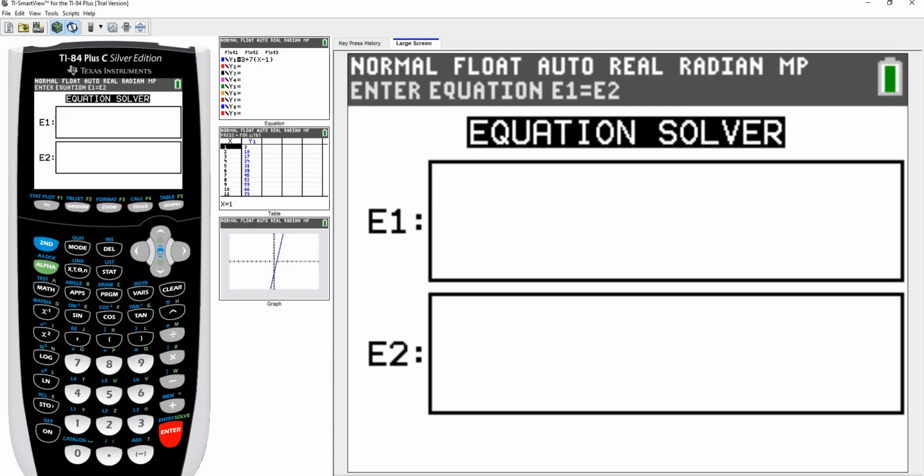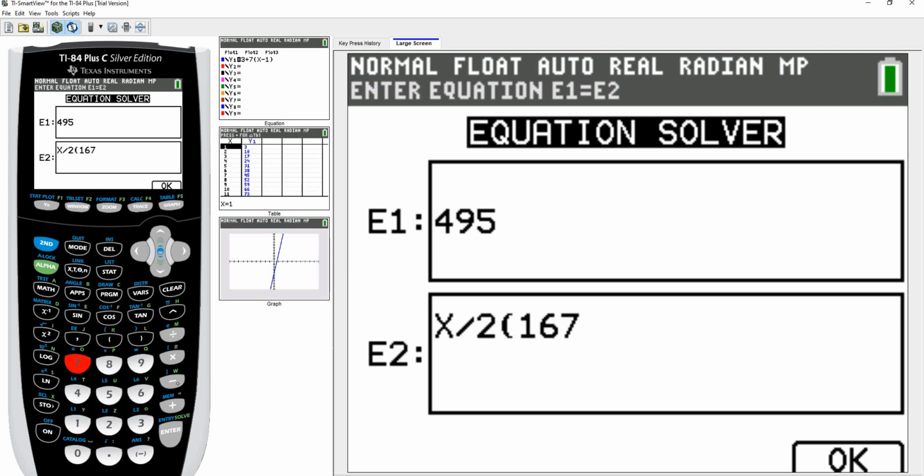So what was my equation 1, guys? The left hand side of my brackets? 495. And equation 2, it was x on 2 times bracket 167 minus 7x.